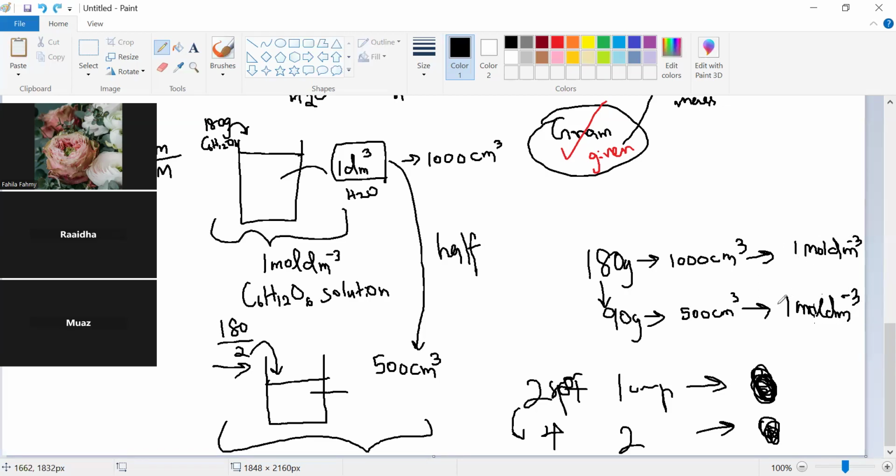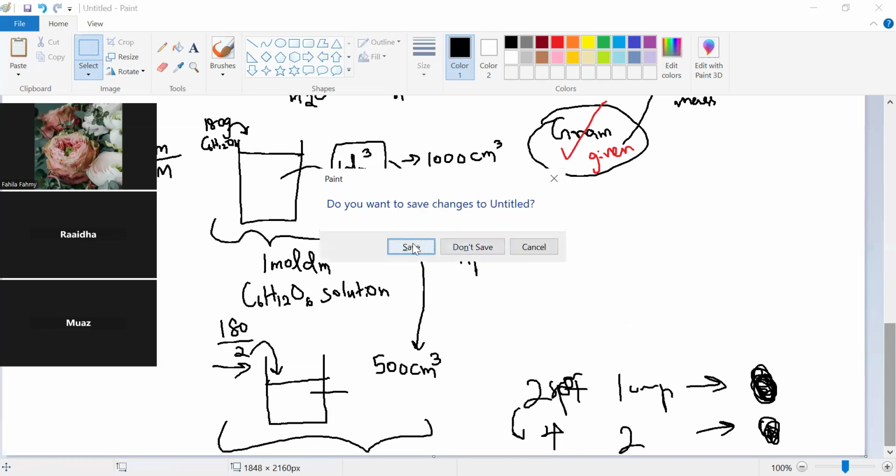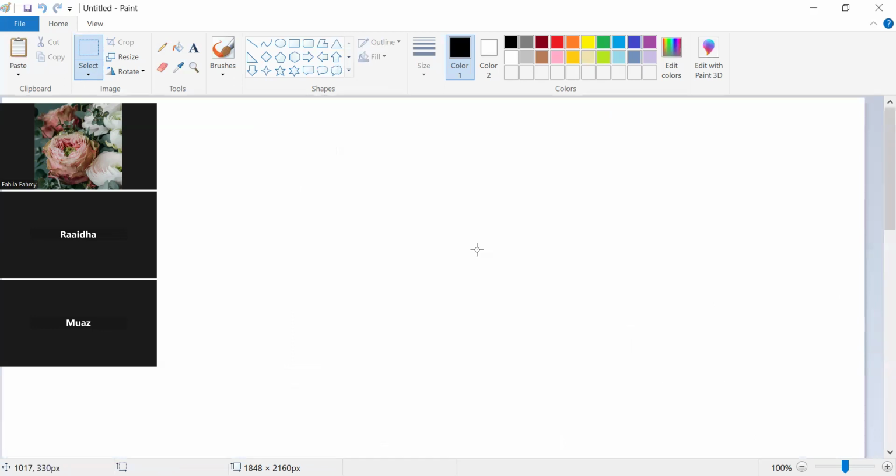But now see what I'm going to do. Pay attention. I'm going to cut this, copy, cut, and new. I'm going to do it this way.